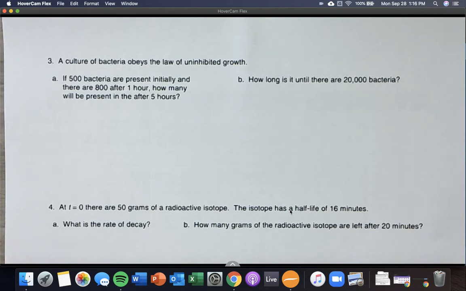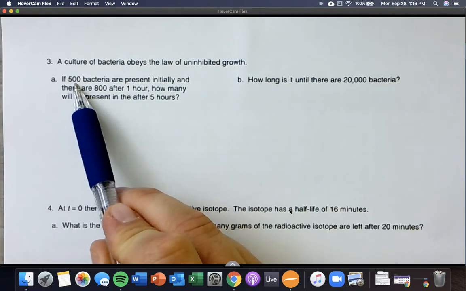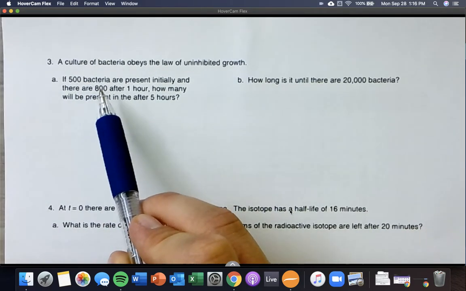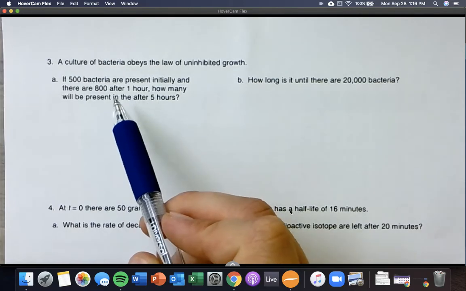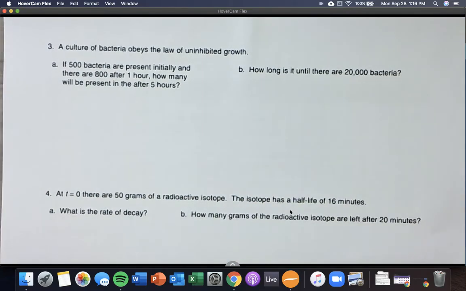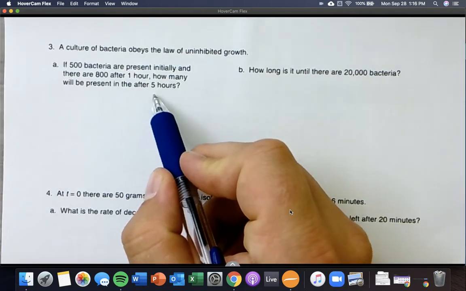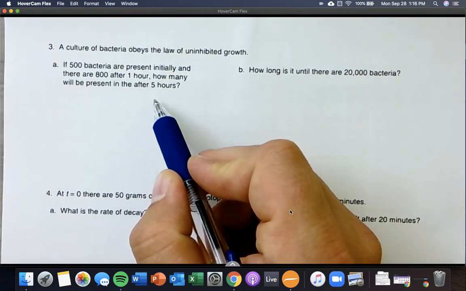So this one is missing a piece of information. We need to know the rate, but luckily it gives us the present and the after and the time. So we can use that to solve for the rate, and then we can figure out how many will be there after 5 hours.